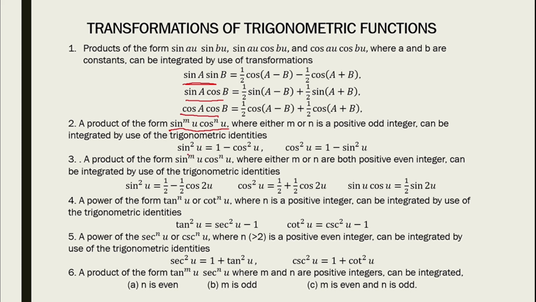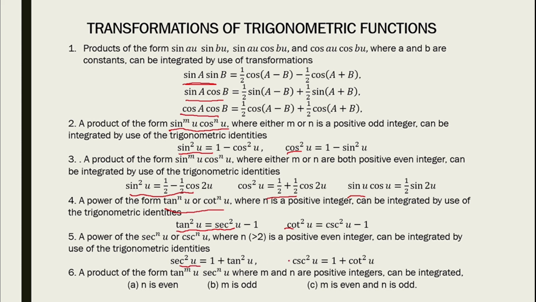And we have also number 3, a product of sin mu cos nu, where either m or n or both are positive integers. Then we have the powers of tan nu and cot nu, and the powers of sec nu and csc nu, and these are the transformations.